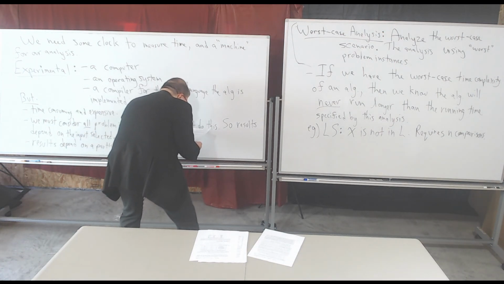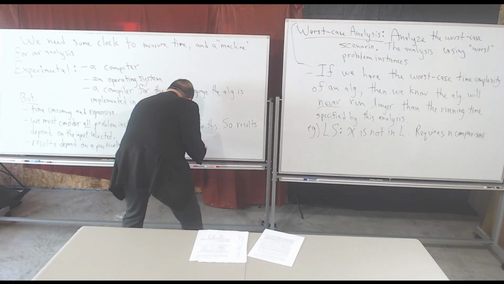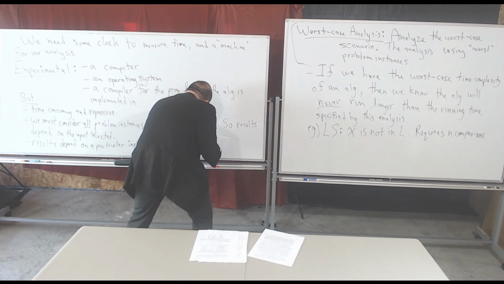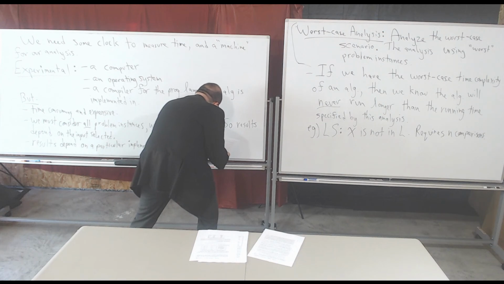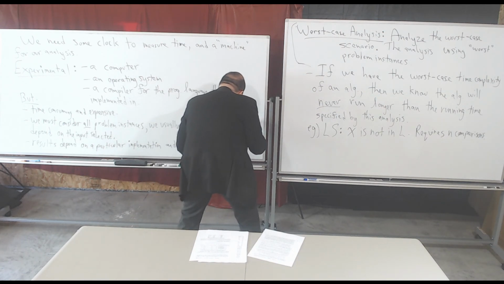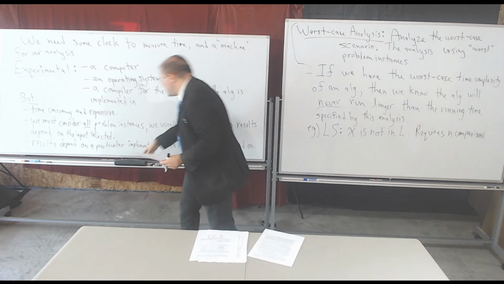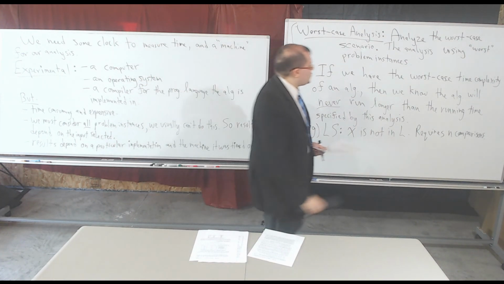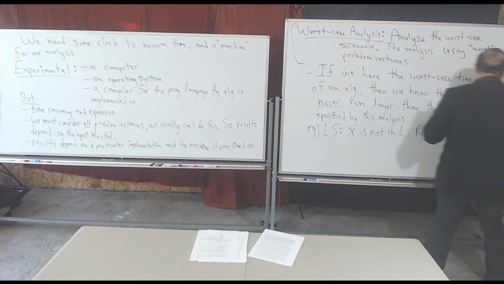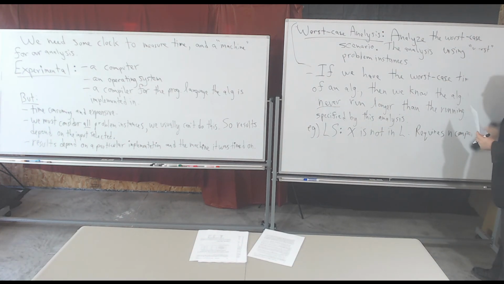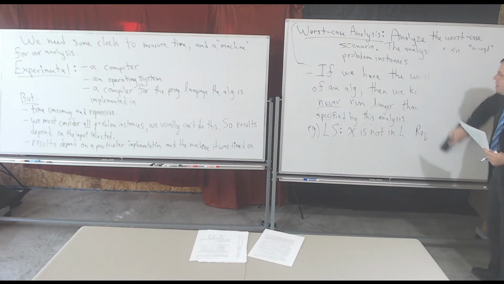Particular implementation and the machine it was timed on. So I mean, I start up my stopwatch, I determine how long the execution takes. That's what I mean. So a lot of programming languages, you just use some of their timing functions to calculate how long the program executes.